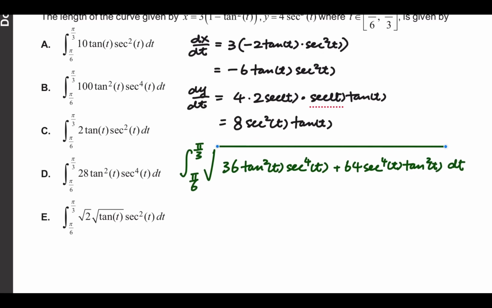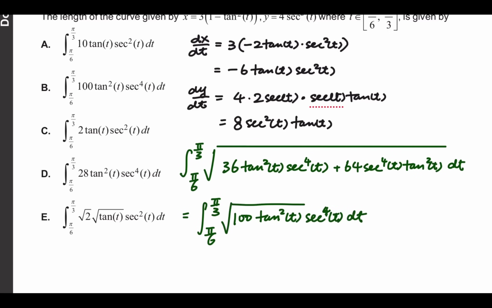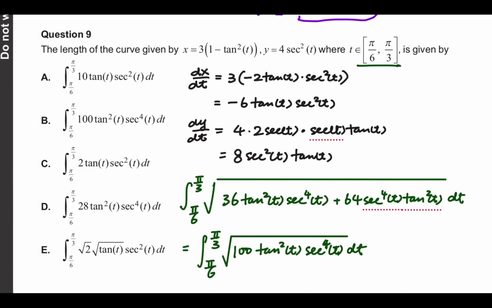Okay? And adding them up, you get 100 lots of the perfect square term: 100 tangent squared t secant to the power 4 t dt, all under the square root. And just notice pi over 6 to pi over 3 for the t values.